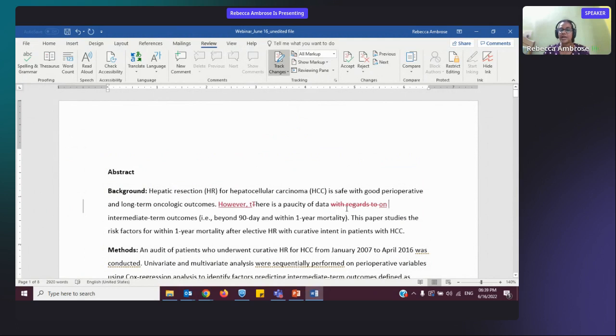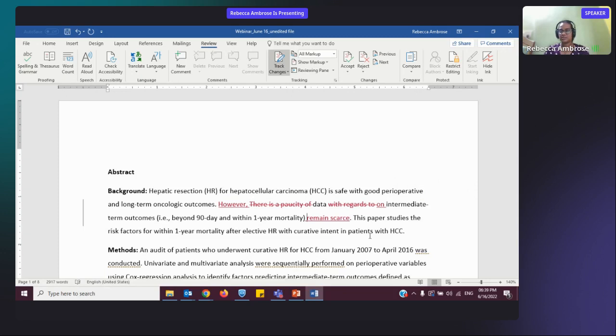So I will be making changes that may not always be necessary from a language perspective, but they may just help reduce the length of the sentence. So this whole thing I've just replaced it with on. It's a much more concise version, and I think revising this to just data on these outcomes, I'm going to say remain stars.